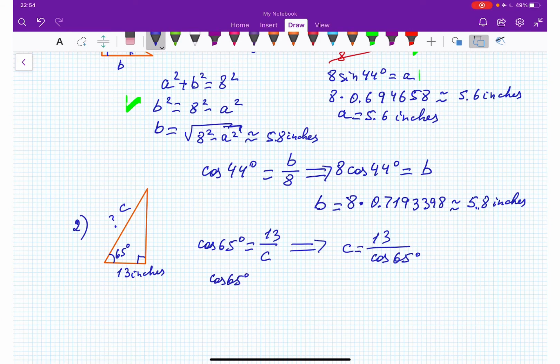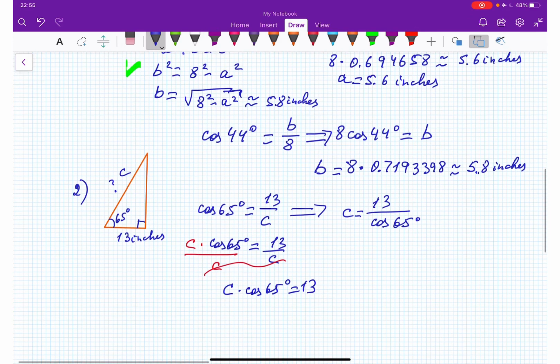If you want to know how I got that, I'll show you. Cosine 65 degrees is equal to 13 over C. Bringing to a common denominator, because that's an equation, C is here, C is here. So we drop C and C, and we get C times cosine 65 degrees equal to 13.